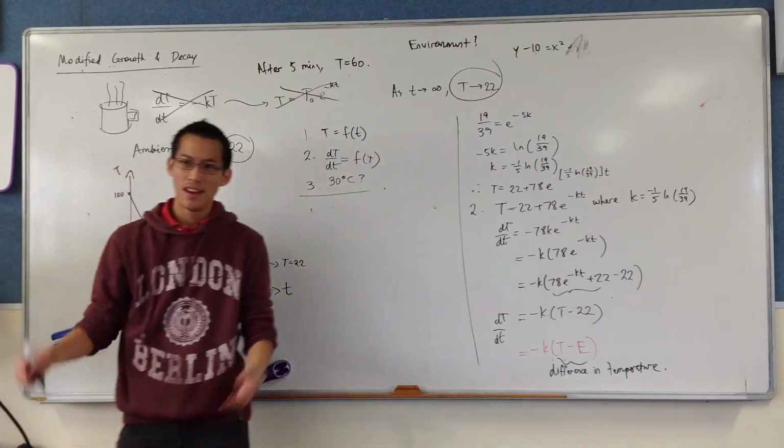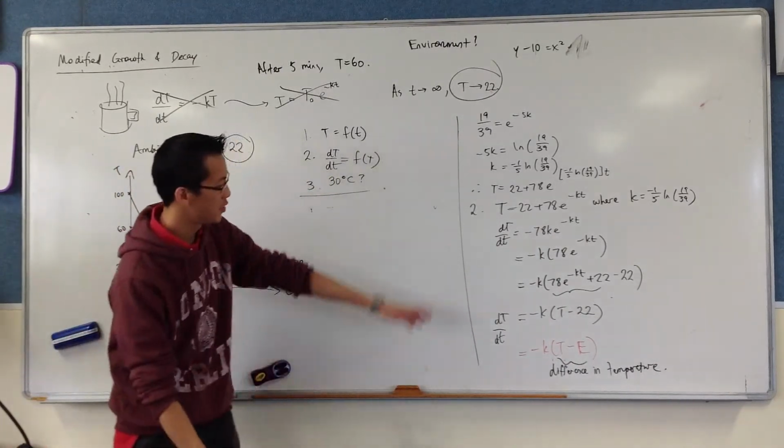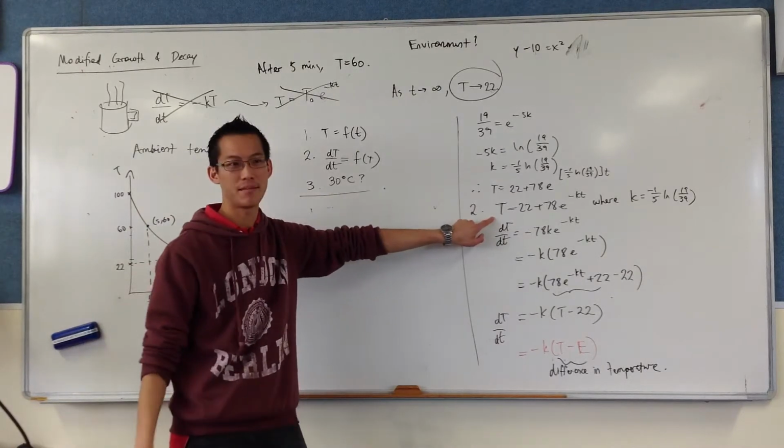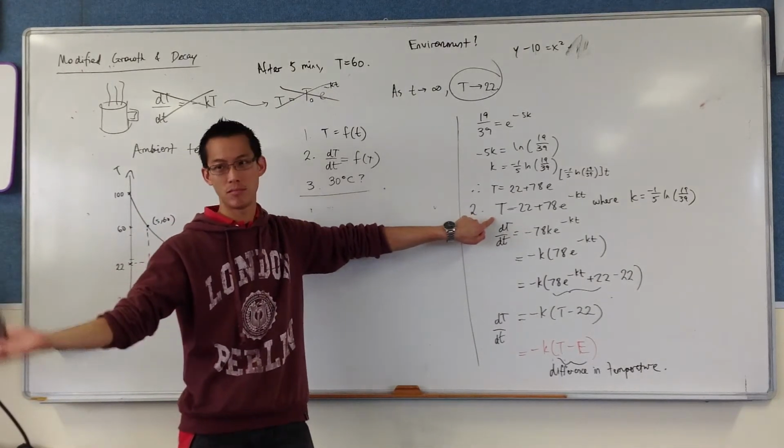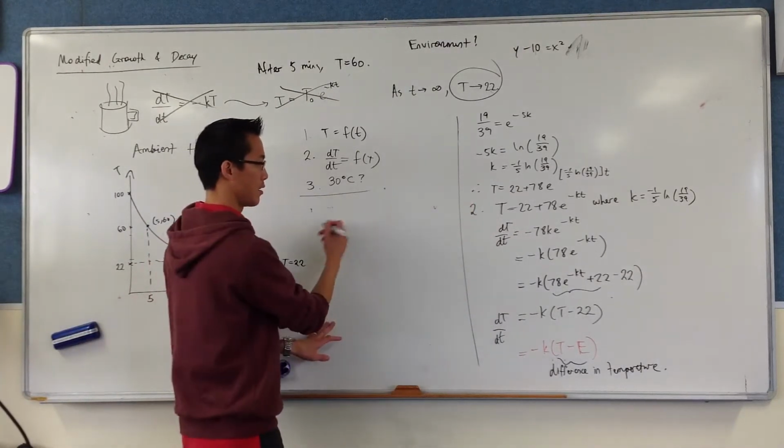If I want to get to 30 degrees, all I need to do is take my temperature function, pop 30 on the left-hand side, and solve for t. So, let's give it a go.